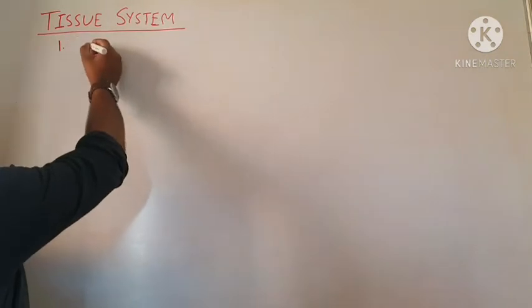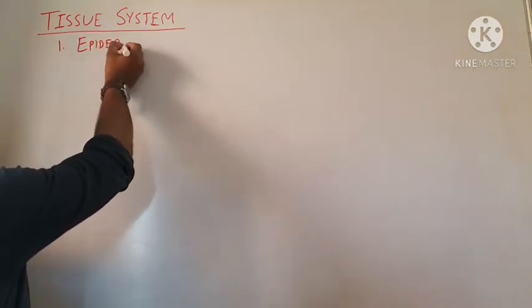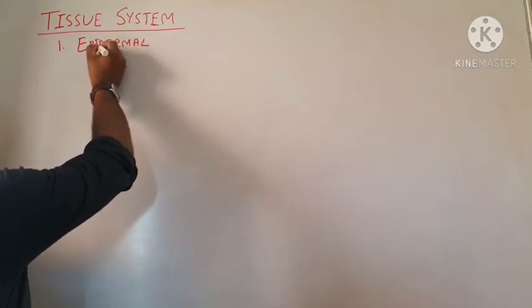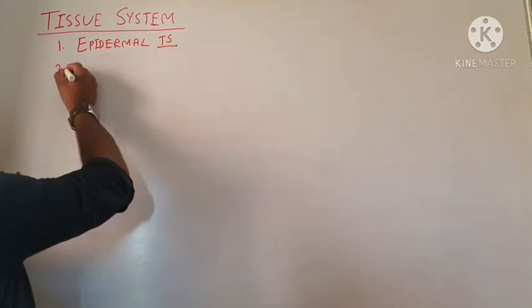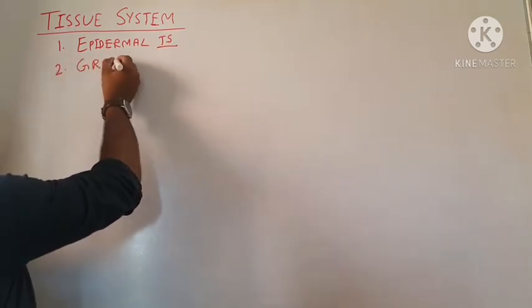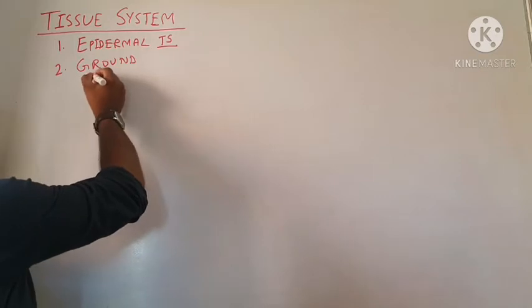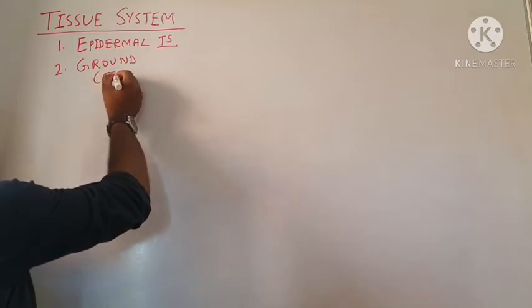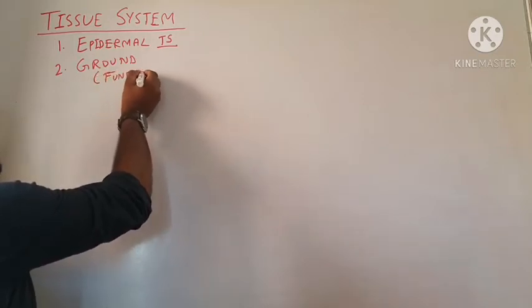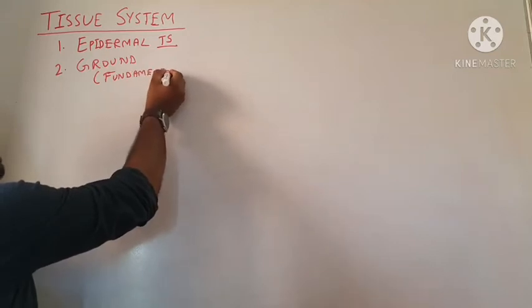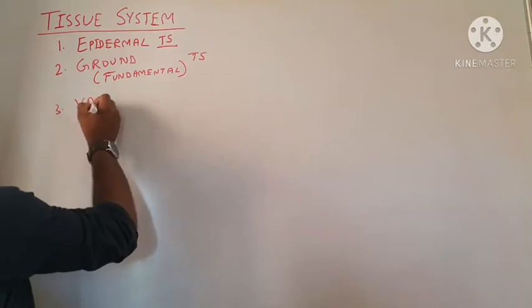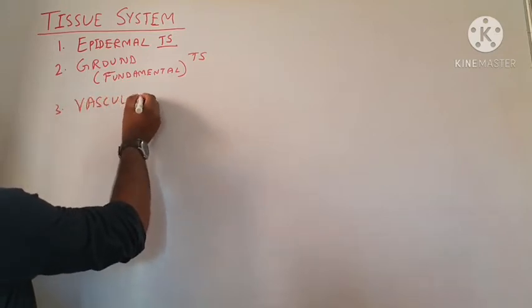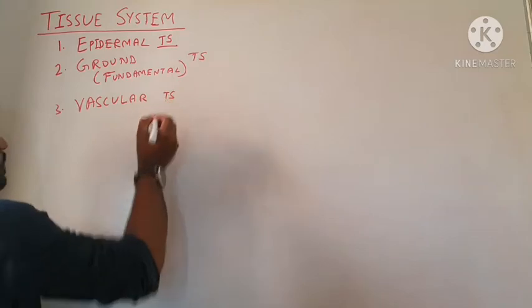The three types of tissue systems are: number one, the epidermal tissue system, then the ground tissue, which is also called the fundamental tissue system, and the vascular tissue system.